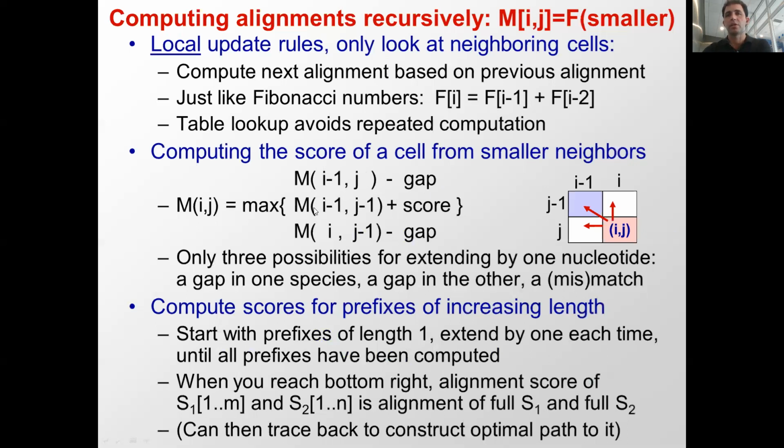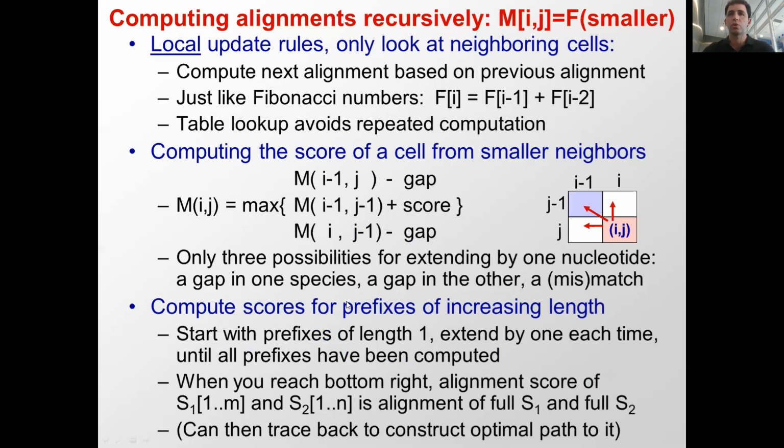And then the second possibility is that I'm actually going through and adding both a character from each of the sequences, and then the score corresponding to that character that I just added. And this could be either a match or a mismatch, or basically, choosing to include a gap in the other sequence. So there's only three possibilities for extending by one nucleotide: a gap in one species, a gap in the other species, or a match / mismatch.